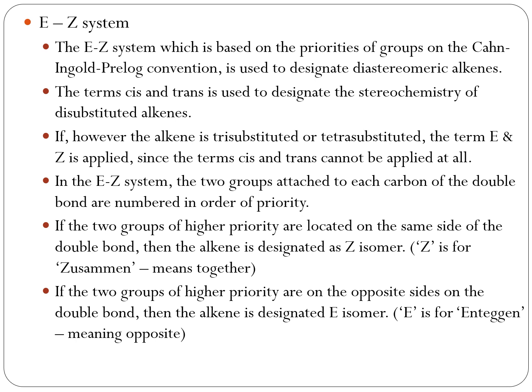Next is the E-Z system. The E-Z system is based on the priorities of the groups based on the Cahn-Ingold-Prelog convention. This term you have already heard in the last chapter, in the determination of configuration of optical isomers. We already know about relative and absolute configuration. In absolute configuration, there is the sequence rule.